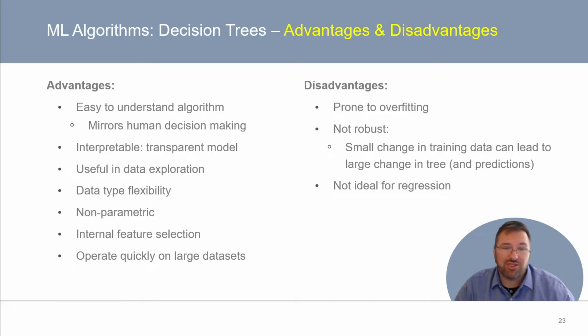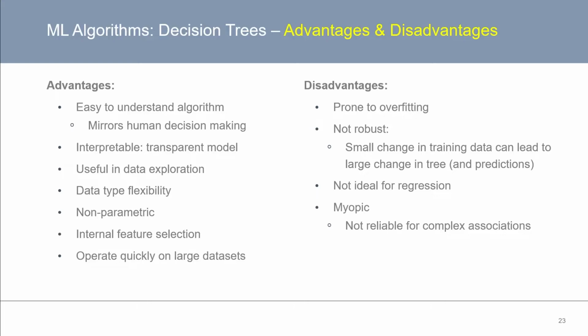Furthermore, decision trees are not ideal for regression problems. And as we mentioned, they're myopic, making them unreliable for capturing complex multivariate relationships, especially in data with a large number of features. And lastly, decision trees can have a bias towards categorical features with a larger number of possible categories when using Gini index as a criterion for the algorithm.